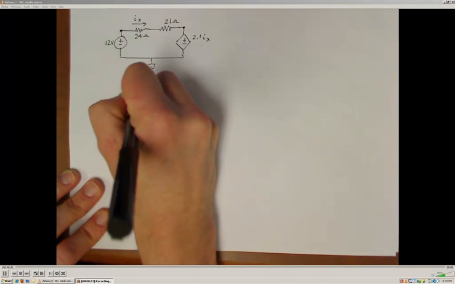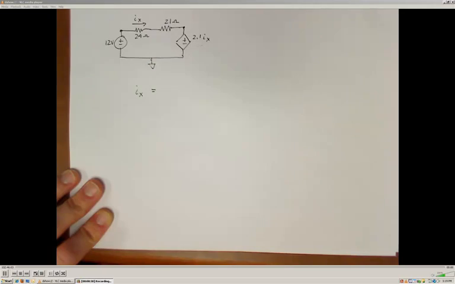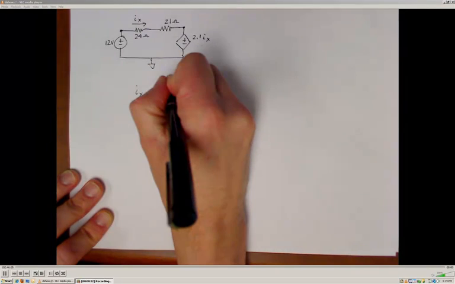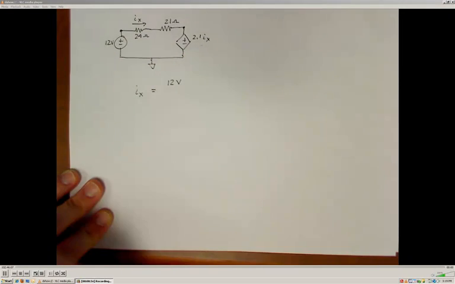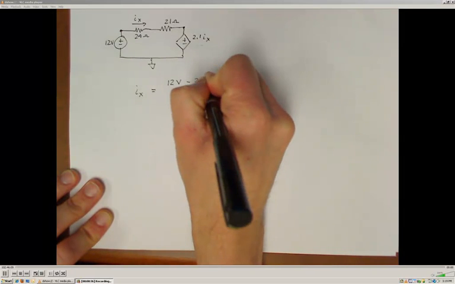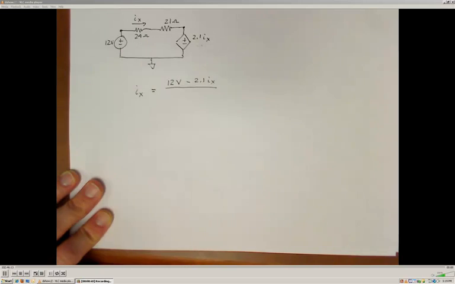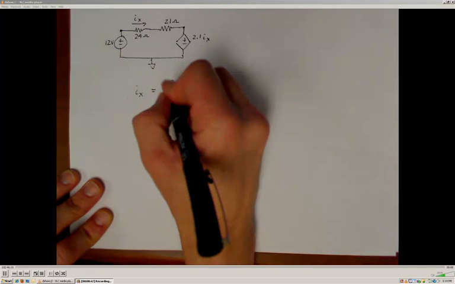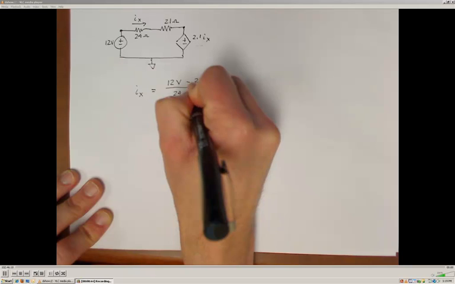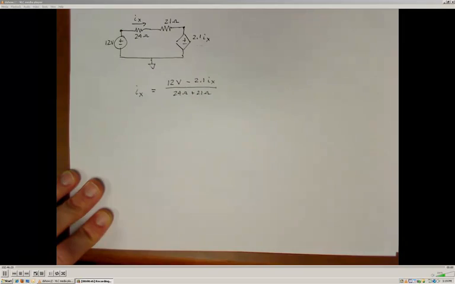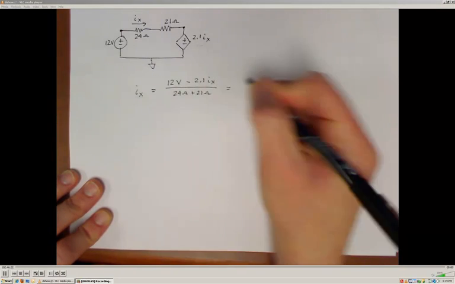So I can write my unknown current as IX equal to 12 volts minus 2.1 IX divided by the sum of the resistances along the path, which is 24 ohms plus 21 ohms in this case. When I do that, I can simplify some things.